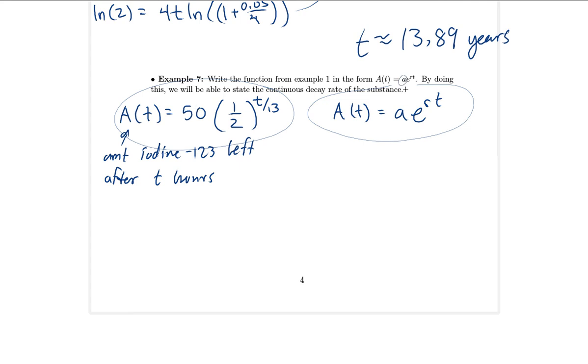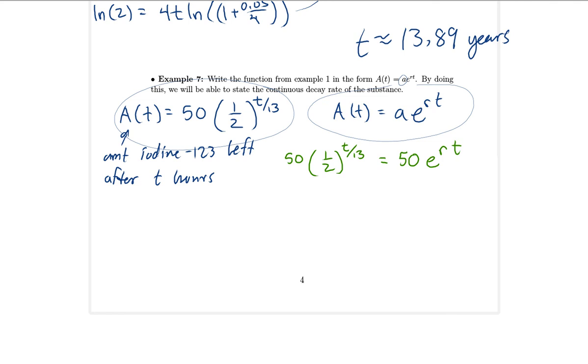That's going to be 50 for both of them. So I'm going to set them equal to each other. I'm going to start off with 50 times 1/2 to the t over 13, and then ask how do I make that equal to 50 e to the rt? What should r be in order to make these two things perfectly equivalent?